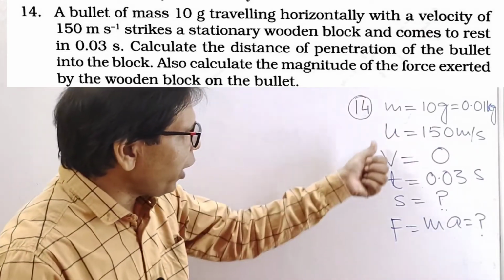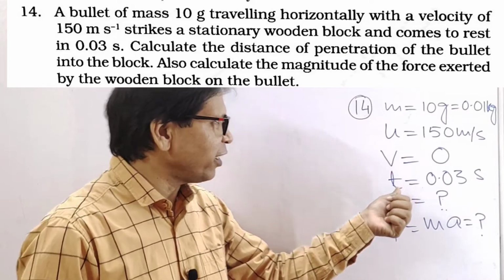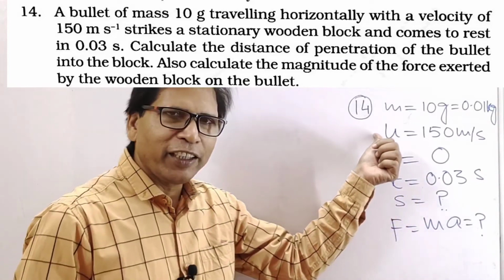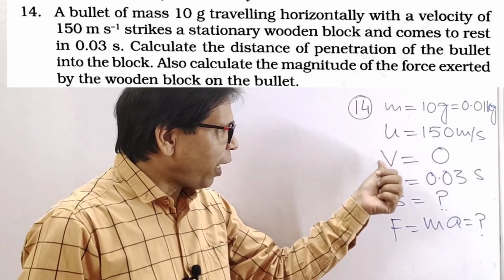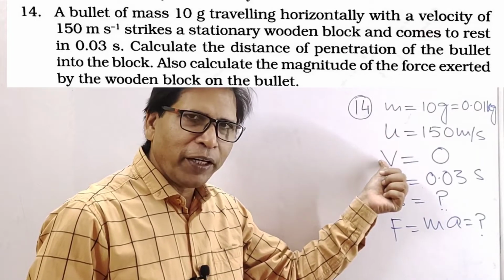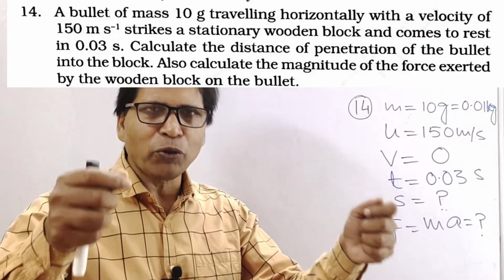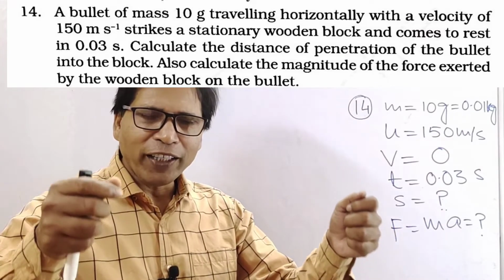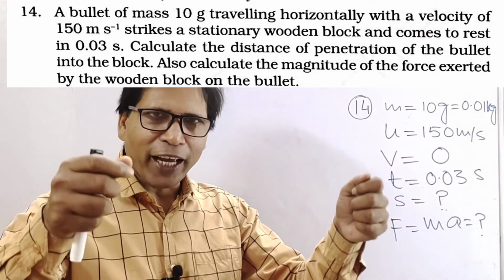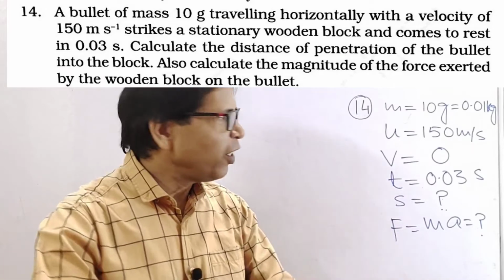So first of all we have to calculate acceleration. Look at this, here initial velocity is given, final velocity is given, and the time taken to come to rest is also given. So what is the formula to calculate the acceleration?